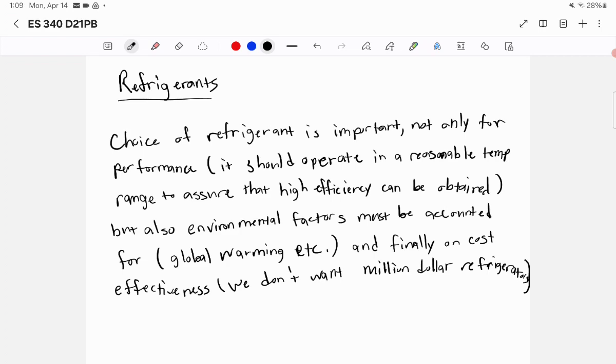I'm sorry, and there's also hydrochlorofluorocarbons that were used commonly during that time period. Now, I don't want to get too deep into the weeds of saying, oh, this was bad or whatever.